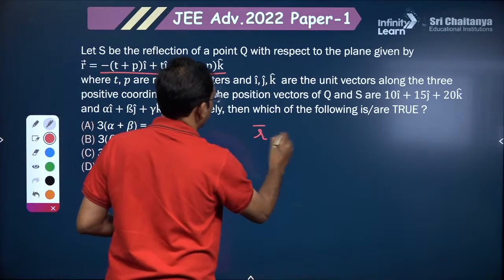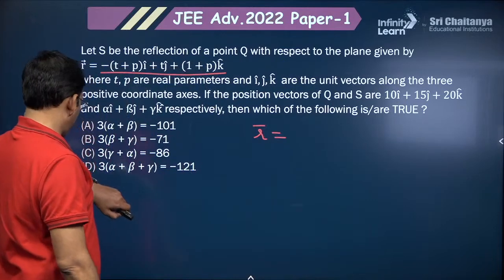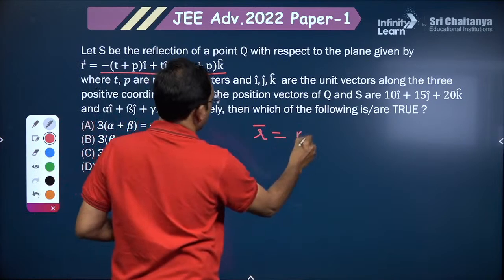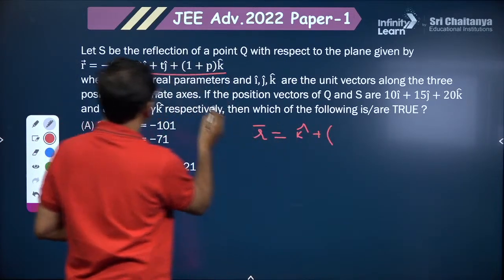You just try to write this particular plane as R bar is equal to K cap plus P coefficient.